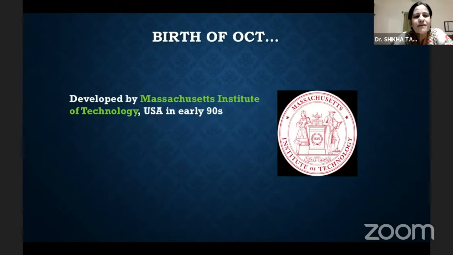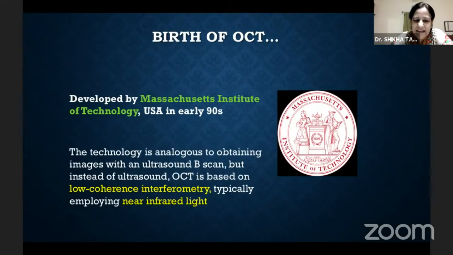This technique was developed by MIT in the United States in the early 90s, and it's very similar to ultrasound. Instead of ultrasound, it uses near infrared light using low coherence interferometry.